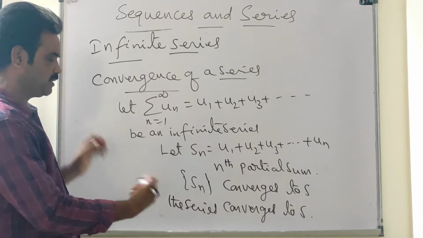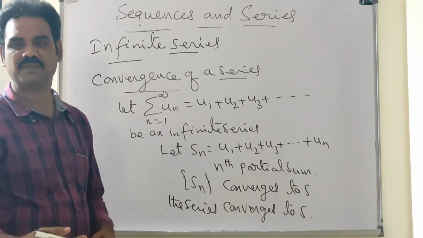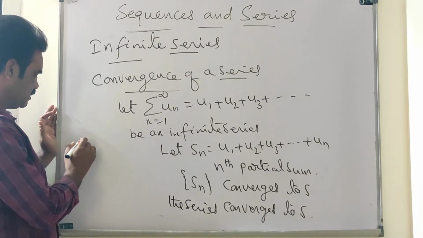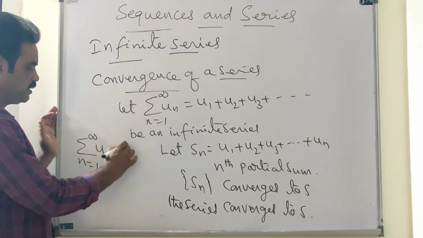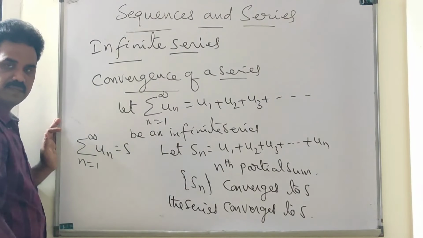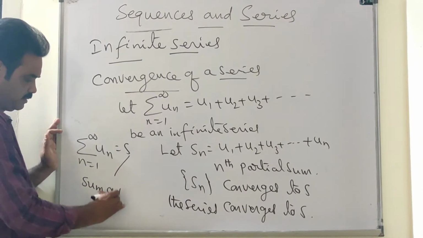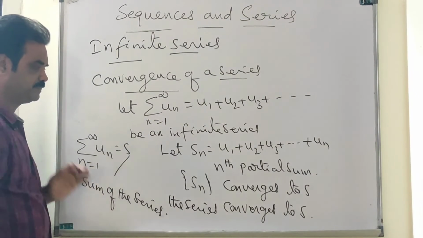That means if the sequence of partial sums is convergent, then the series is convergent. In this case, we write sigma n is 1 to infinity un is equal to s, since the series is convergent to s. And here s is called the sum of the series.